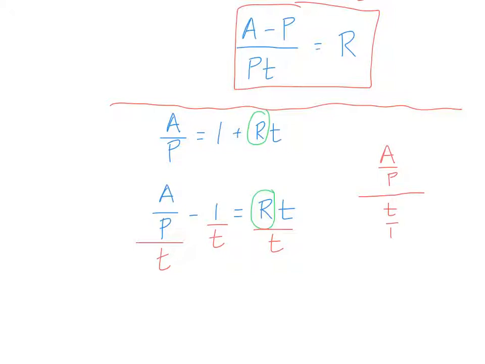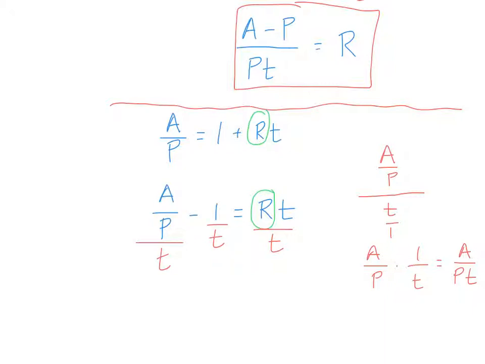Remember, dividing by a fraction is like multiplying by the reciprocal. So this is A over p times the reciprocal of t over 1, so that's going to be 1 divided by t. Now we multiply straight across and we get A over p times t. That's the tricky part if we go about it this way.